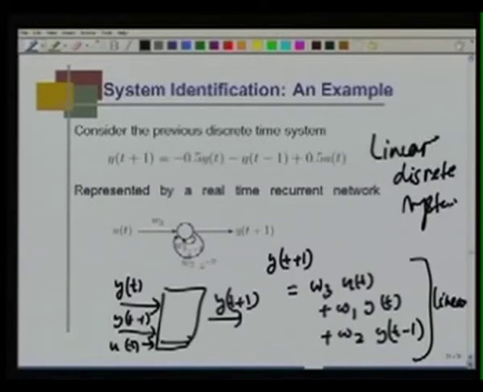Obviously, I do not know what w3, w1, w2 of this network are. What I know is that I can generate data from this particular mathematical model.